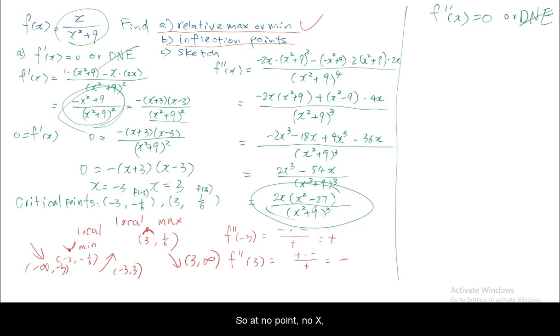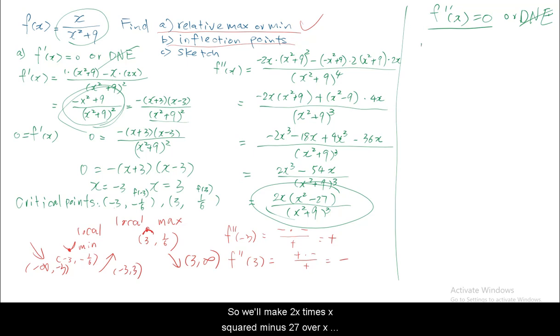At no x will this expression be undefined. So it does not exist never happens. So we'll look at when the second derivative of f of x is equal to 0.